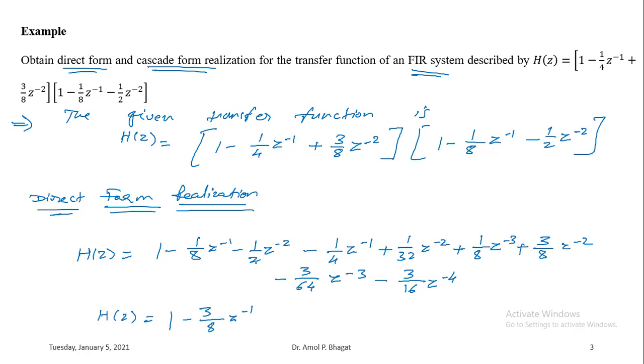Okay, similarly minus 1 by 2 z to the power minus 2 plus 1 by 32 z to the power minus 2, then there is 3 by 8 z to the power minus 2, so its addition will be minus 3 by 32 z to the power minus 2.